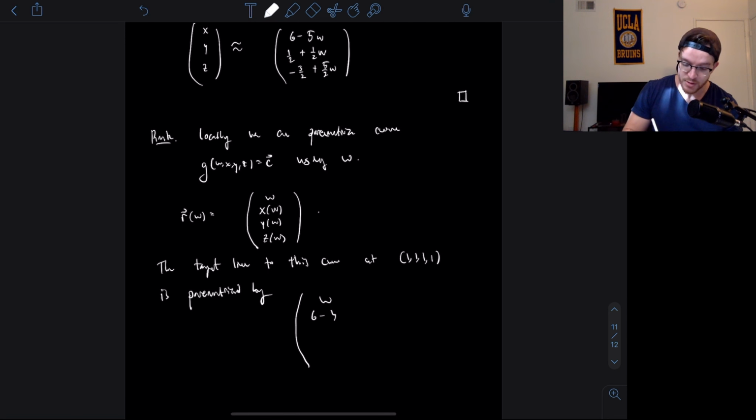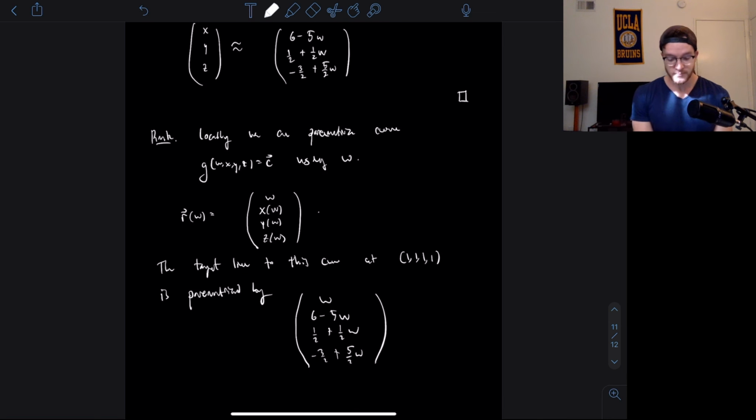So this expression here, this best approximation to the function phi, you can think about as basically describing the tangent line to the curve, in complete analogy with the other example where the best approximation function is basically describing the tangent plane.